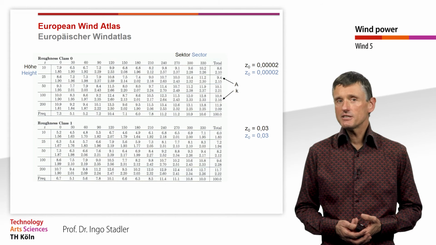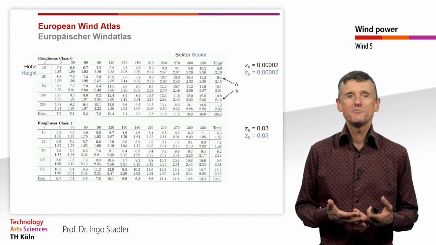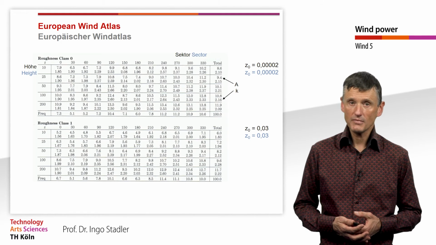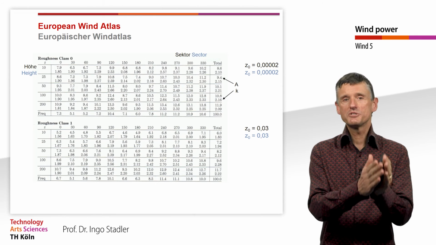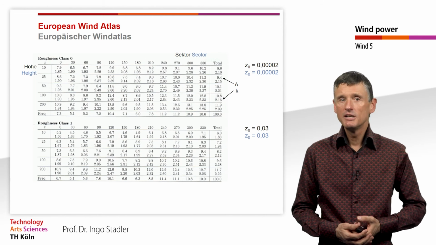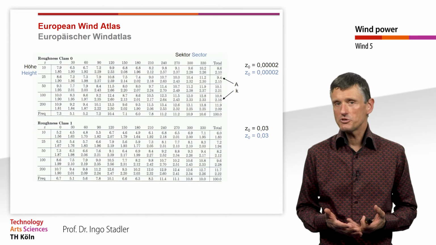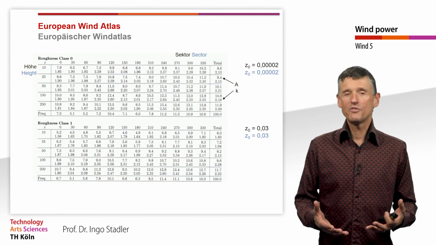And then they have done the calculations for heights of 10 meters, 25 meters, 50, 100 and 200 meters. We have that again for all the sectors from 0, 30 up to 330 degrees. And then we always see two numbers, and the numbers just mean our Weibull parameters.